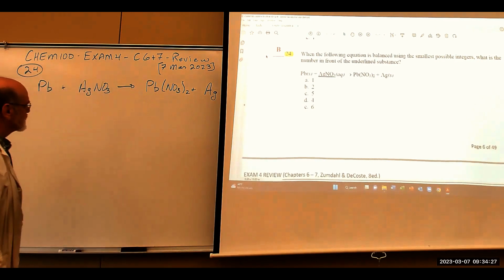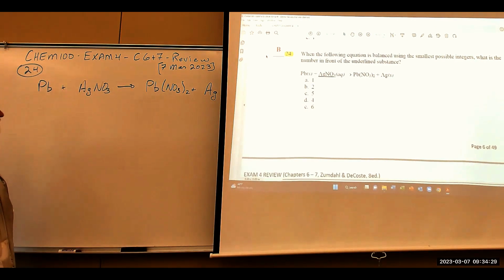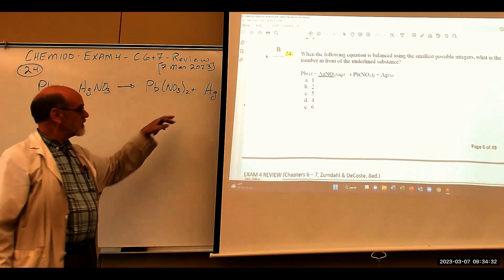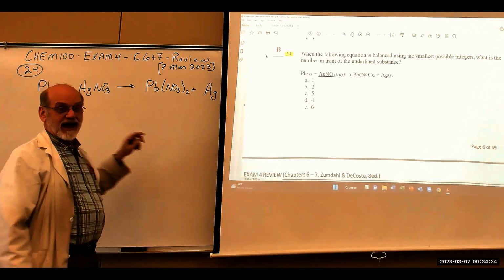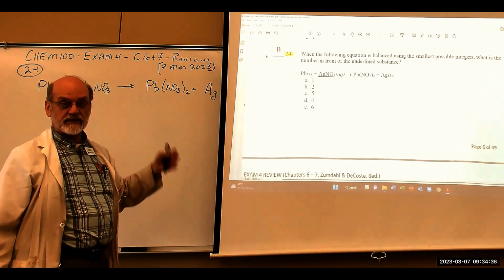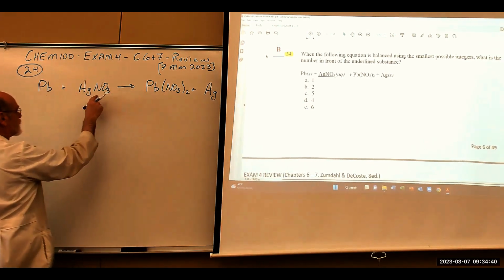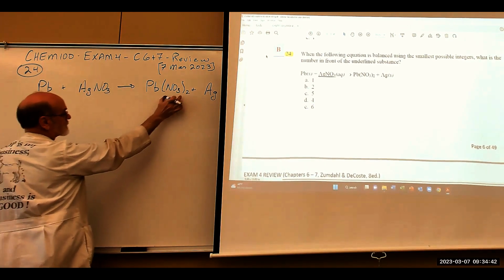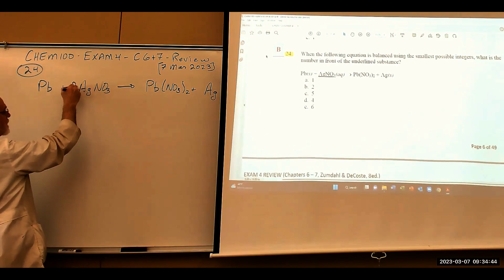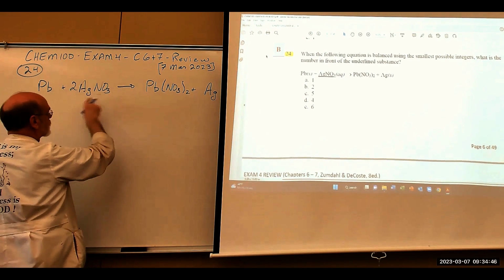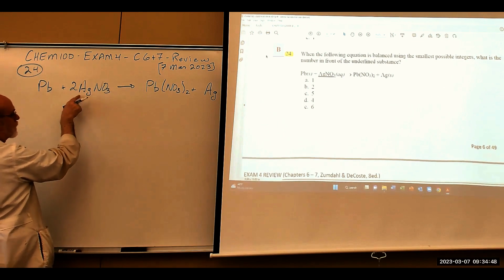Okay, so let's balance this thing. I think we can do this one. Since we've got an element here and an element here, I think we can do this one without setting up the budget. We've got 2 nitrates on that side, so we need 2 nitrates on this side because they're balancing units. Right? So now we have 2 nitrates, and we need 2 silvers.